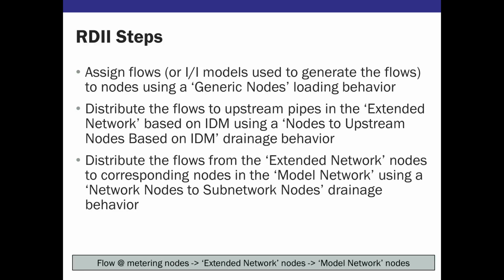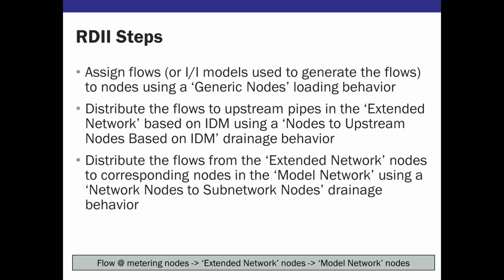Here are the steps to perform this analysis. We first assign the flows from the hydrographs to the appropriate nodes, using a generic nodes loading behavior, but there are other ways we could do it too. There are loading behaviors set up that can directly take flows from I&I models and assign them to nodes.